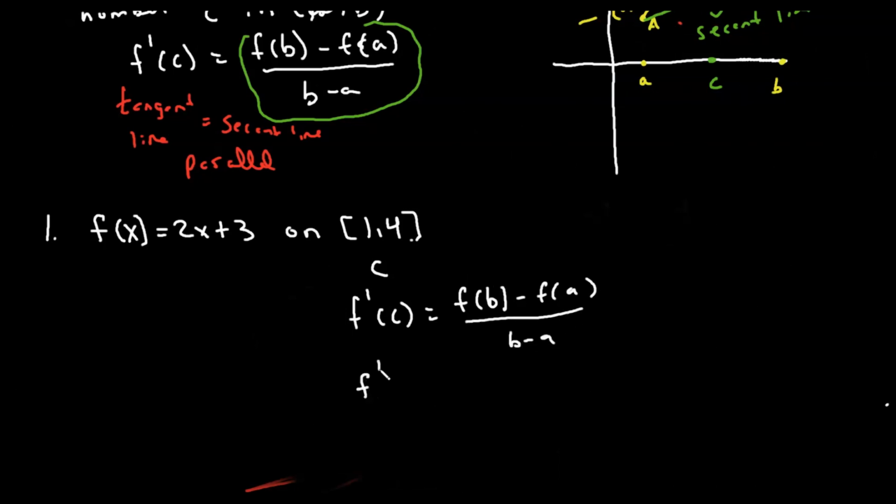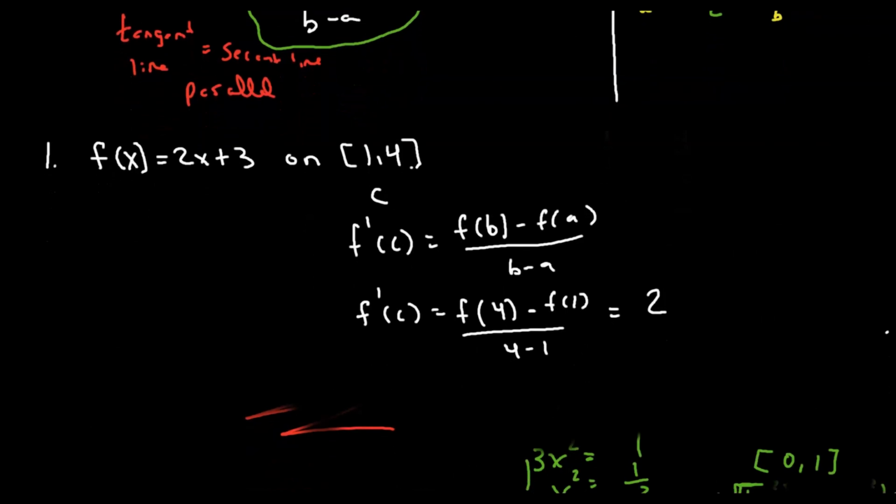So there is some value c in that interval that will give me f of 4 minus f of 1 over 4 minus 1 equals 2. So I can pick any value of c in between 1 and 4, and this will always be true. I'll always get 2 back. They will always be equal, no matter what number I pick in between there.